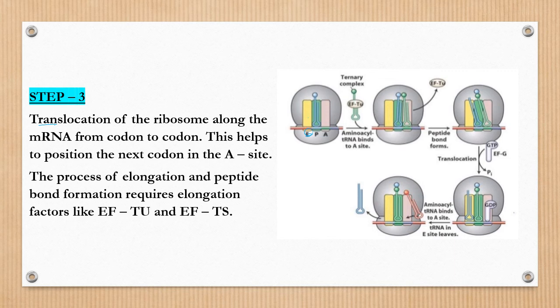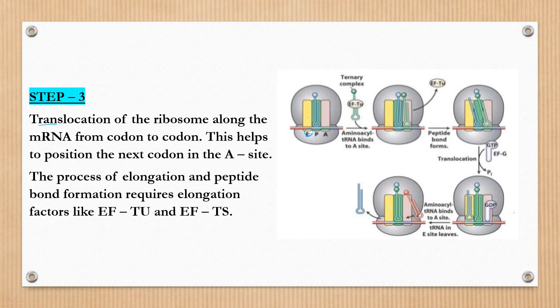Now, we already mentioned the elongation factors. EF-Tu and EF-Ts are the two types of elongation factors. So the joining of that amino acid requires GTP. Translocation means the ribosome changes its location.